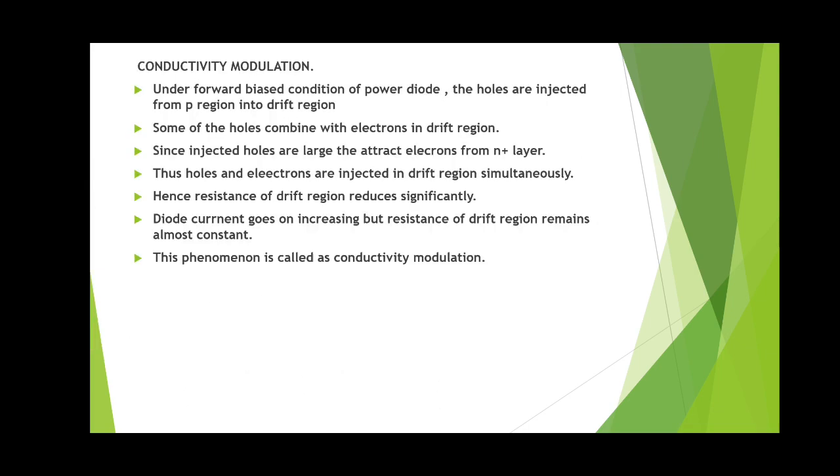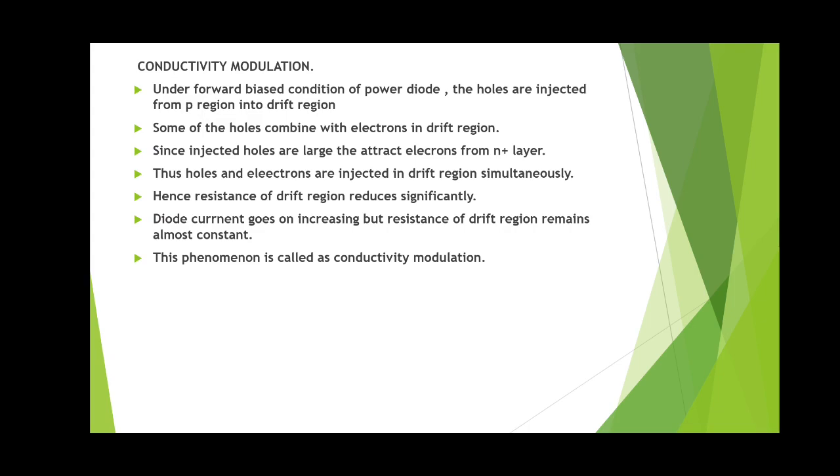Now next, one very important concept is conductivity modulation, which occurs due to the additional layer, that is the drift region. We know that power semiconductor devices, or the diode, work in forward bias and reverse bias modes.